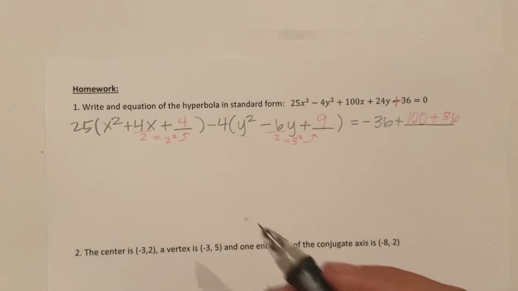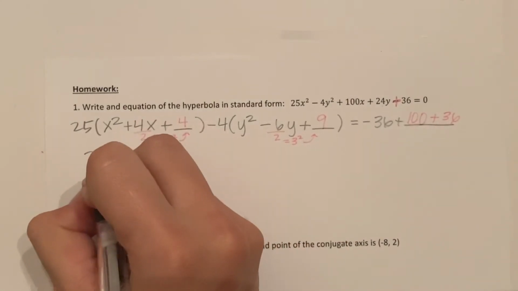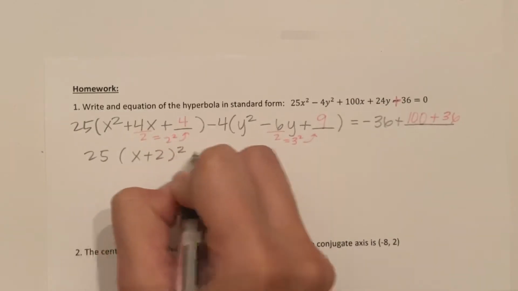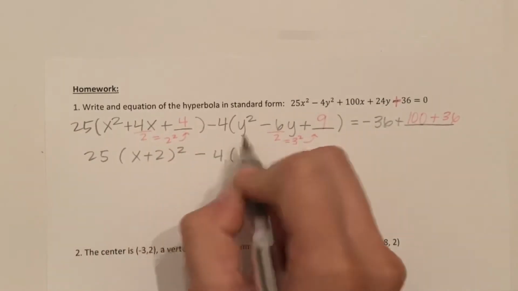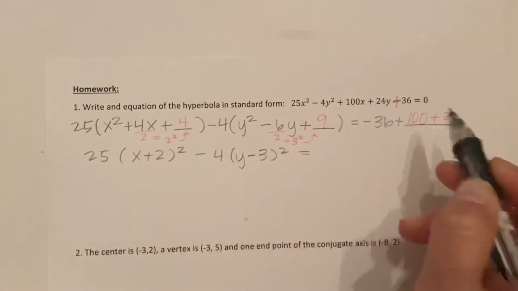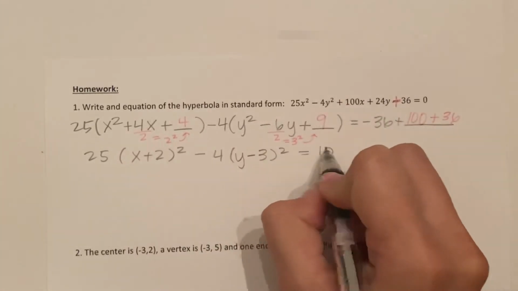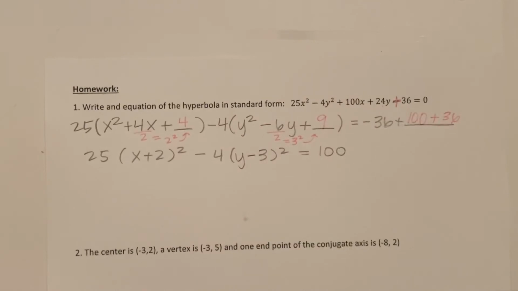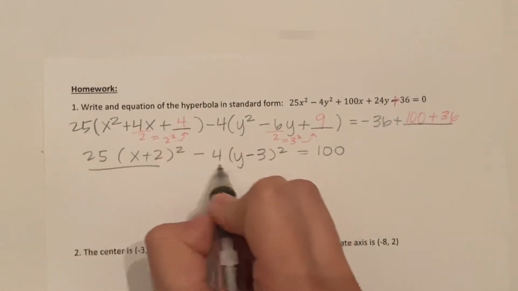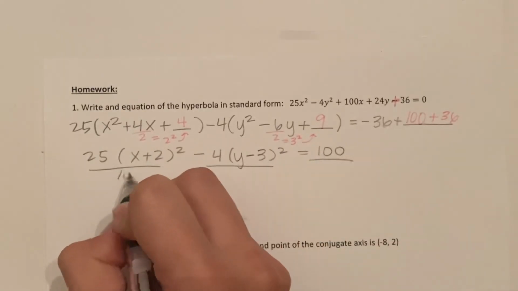So let's keep trucking. I'm gonna factor minus 4, minus 3 squared equals, 36's will cancel. I have 100. Okay, let's divide everything by 100 to get that 1 going over there.